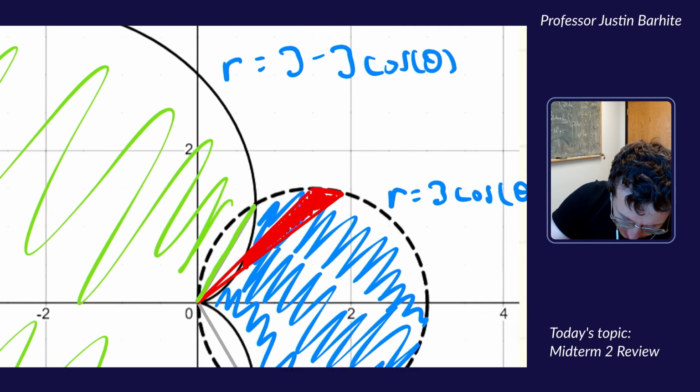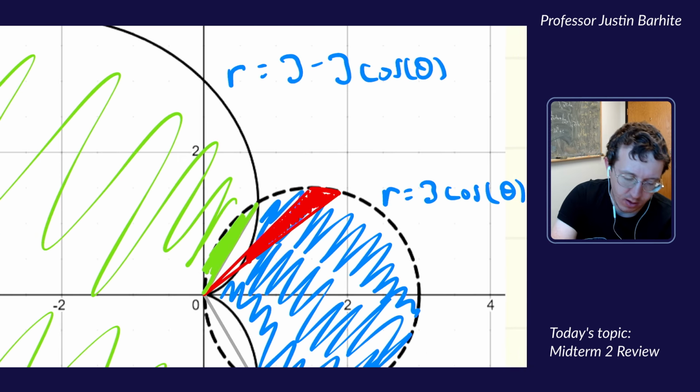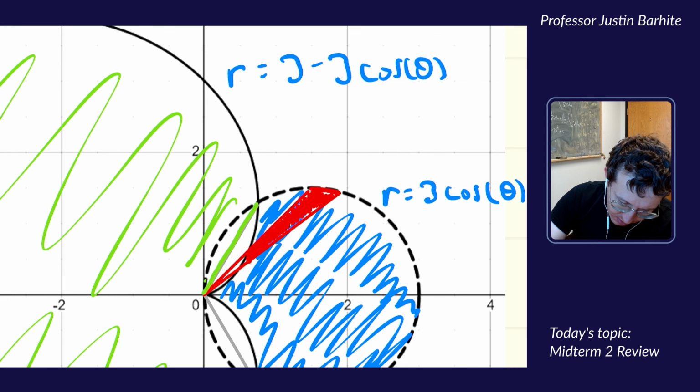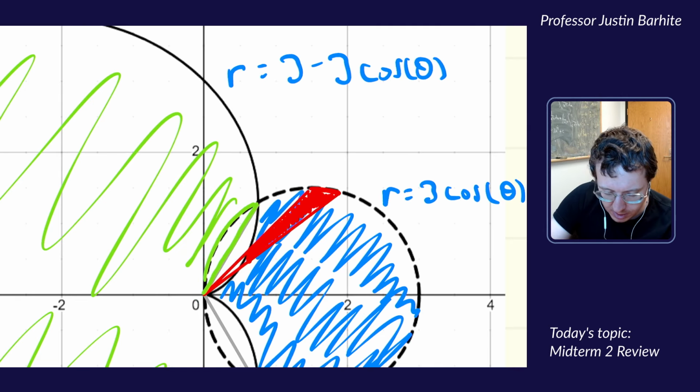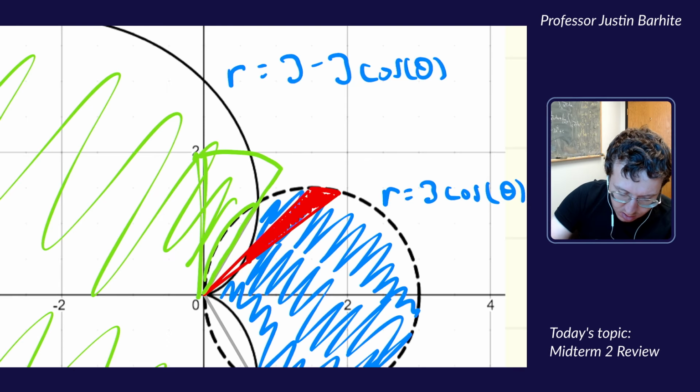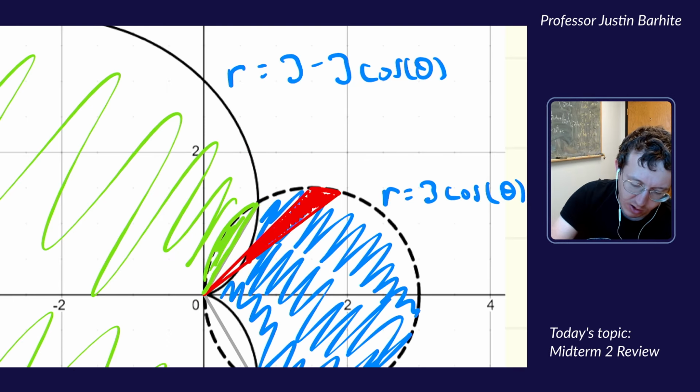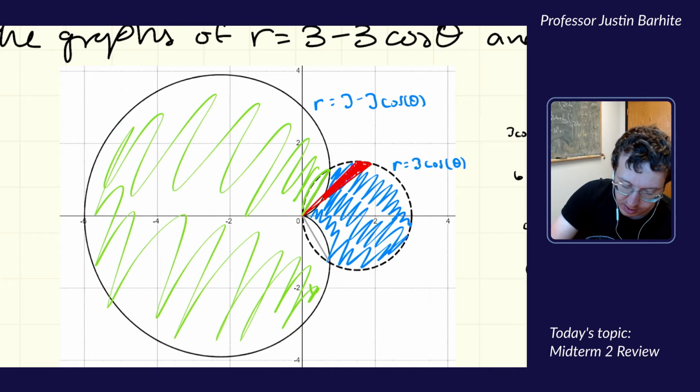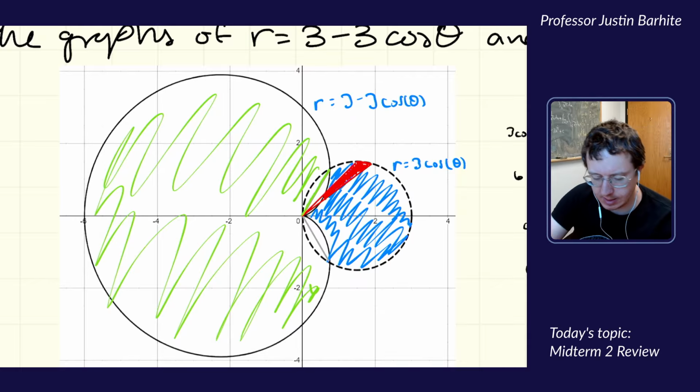But remember, that also includes this little wedge. And then I would integrate this one. I would integrate the circle just from pi over 3 up to pi over 2 to get the area of this wedge, and I would subtract that, and then I would double the whole thing to get the area down here as well. So that's how I would go about this.